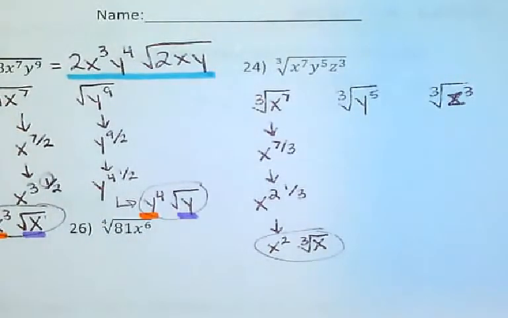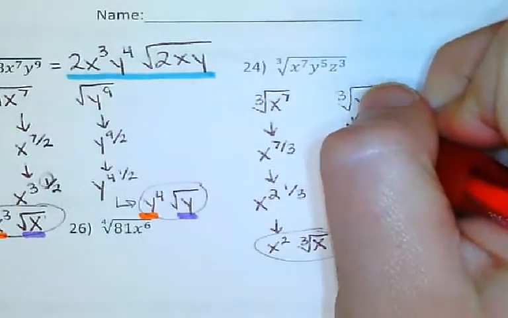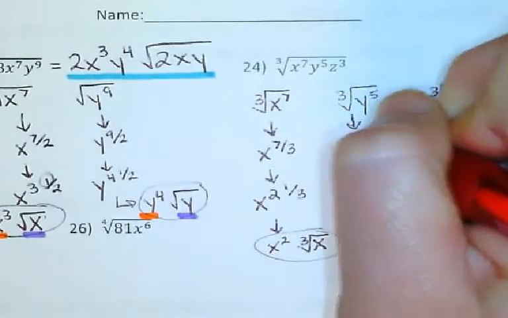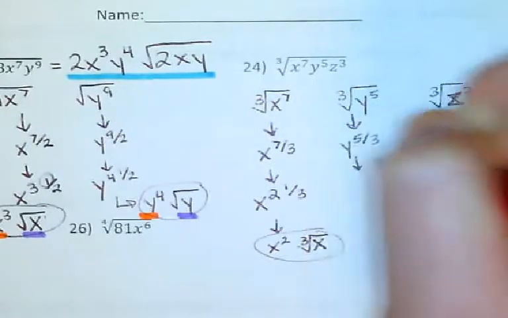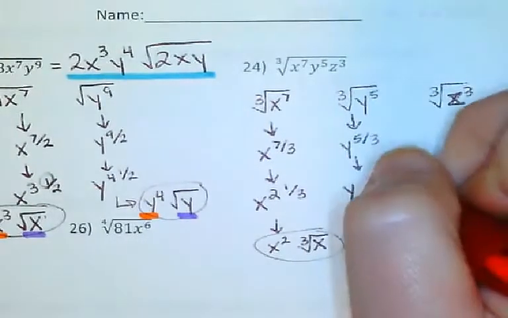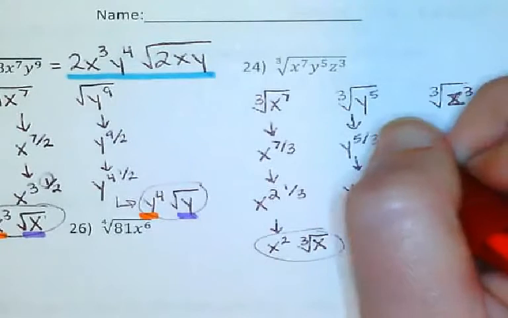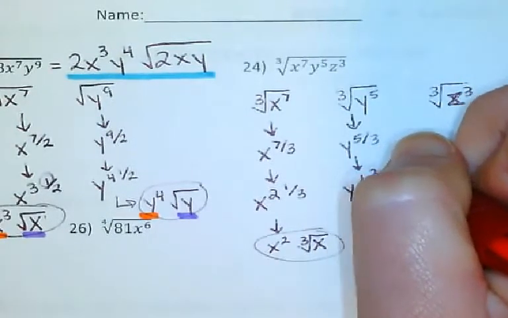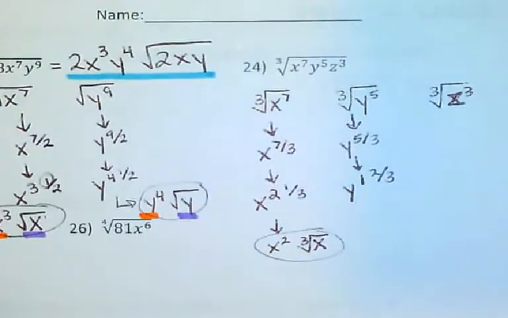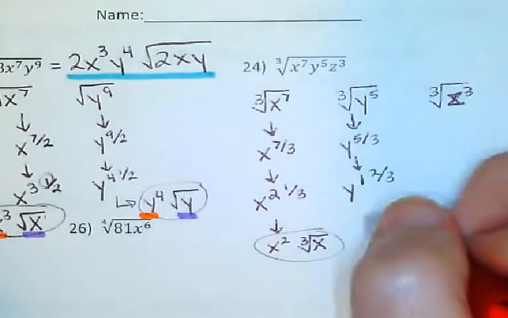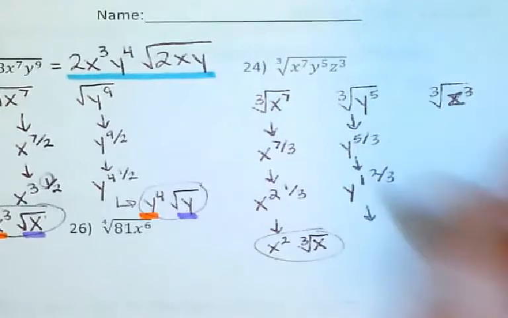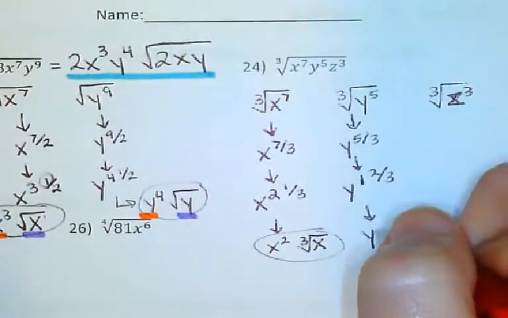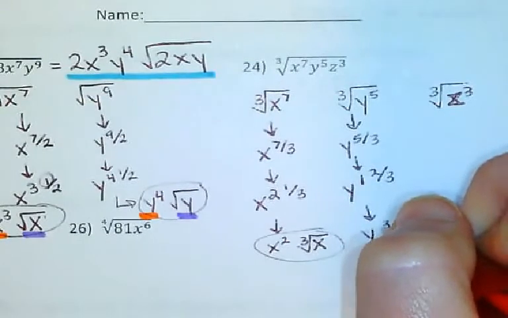Alright, with our y, we're going to have y to the 5 over 3, and as a mixed number, that's y to the 1, since 3 only goes into 5 once, with 2 left over. So this time, y to the 1 is really just y. Y to the first is just y. And then our root is 3.